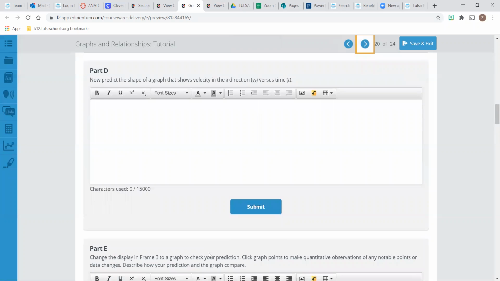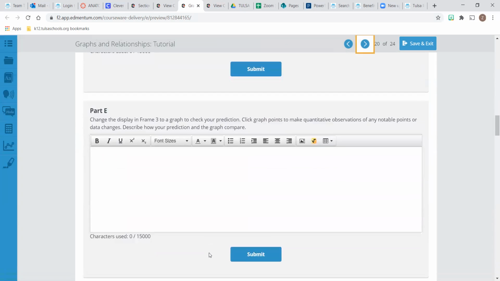And then you're asked about velocity versus time, velocity in the x direction versus time. Then it says to compare your prediction in the graph again.